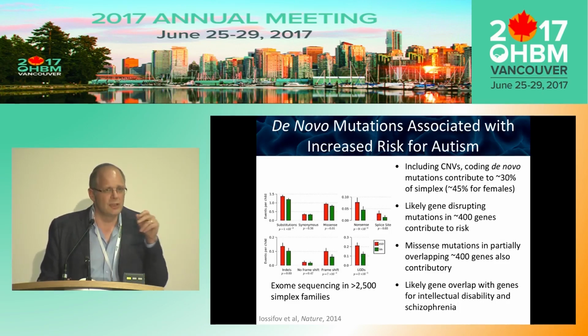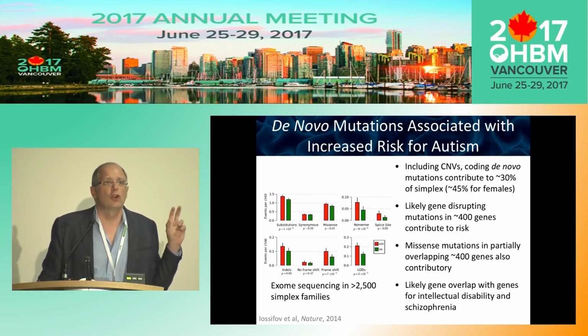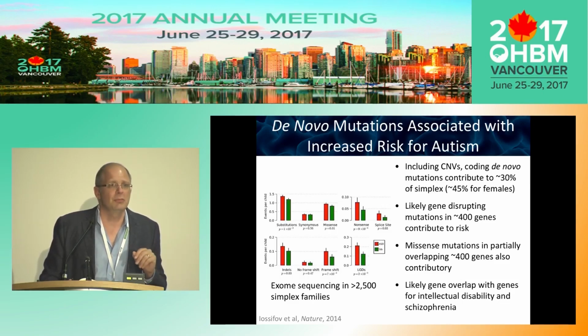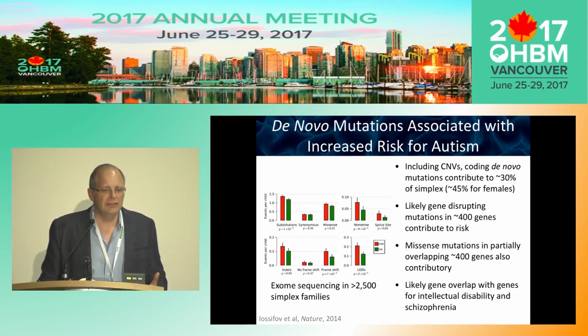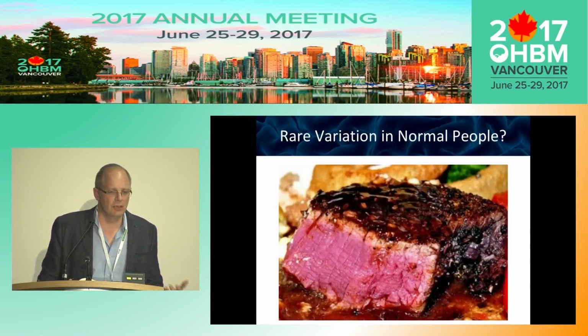And by doing so, they were able to account for a large proportion of the genetic variation associated with risk for autism, about 30% in a simplex collection, right? But that pointed to a likely distribution of about 400 genes and an additional set of missense mutations in a partially overlapping 400 genes. So you have a large search space, but you have a search space. And so we begin to make progress here.